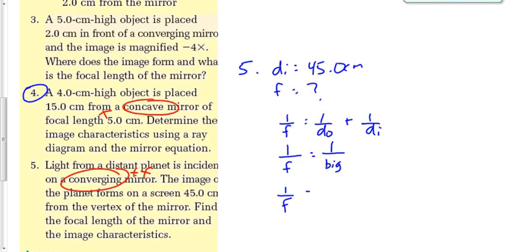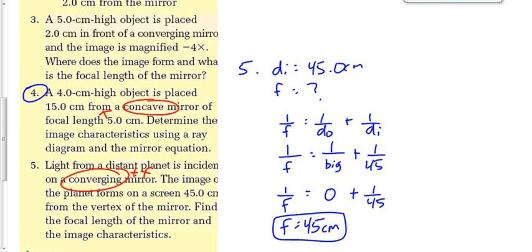It's effectively 0. It's not exactly equal to 0, but effectively. So we're going to say 1 over f is equal to 0 plus 1 over 45. And that means the focal length is 45 centimeters, same as the image distance was.